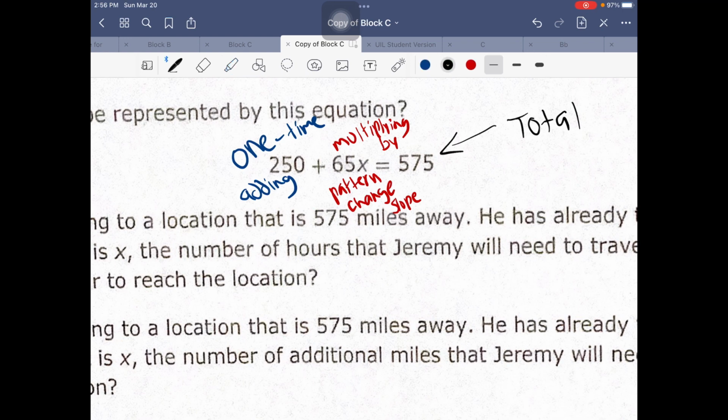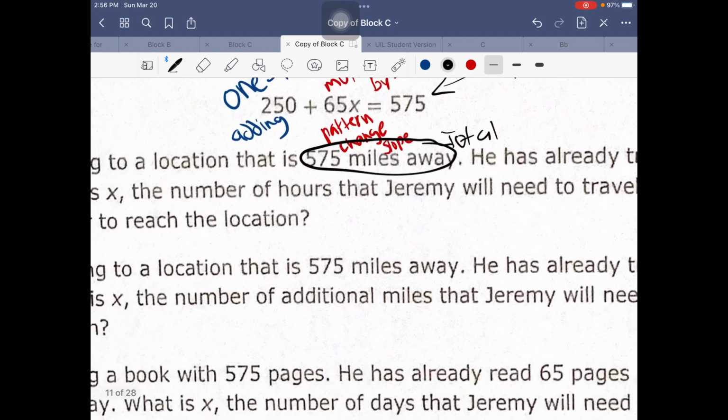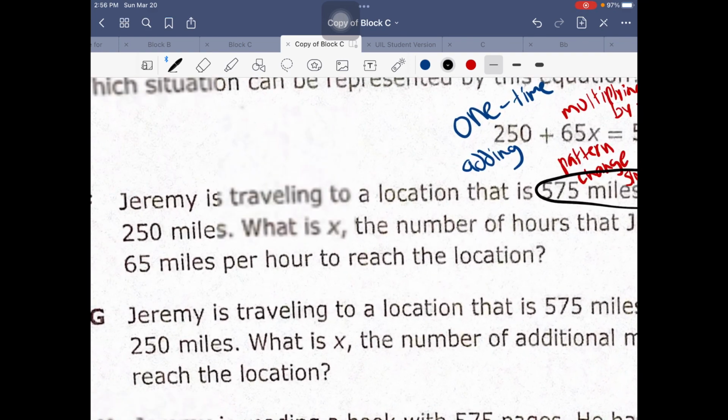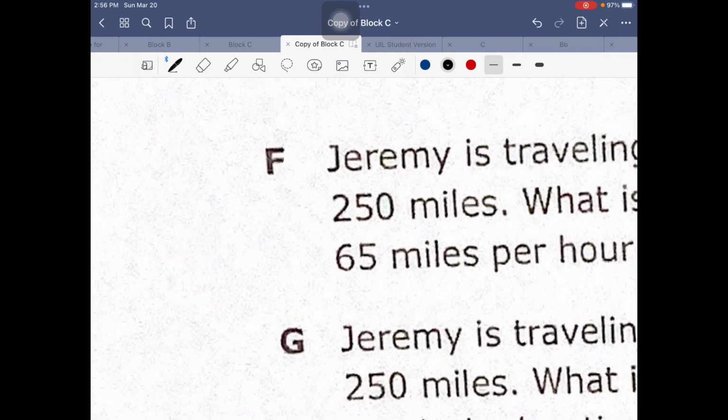This represents a total. He has already traveled 250 miles. So this is something that you're going to just add one time. That's already there.